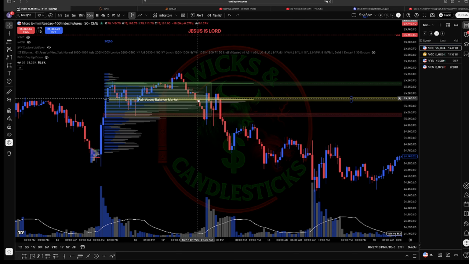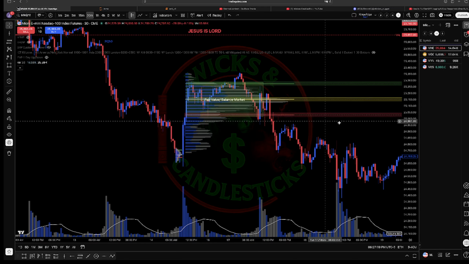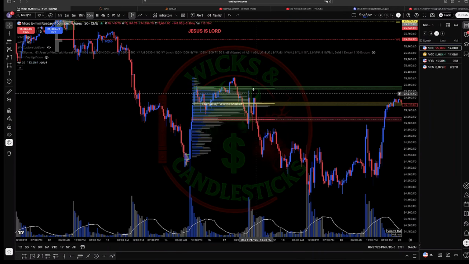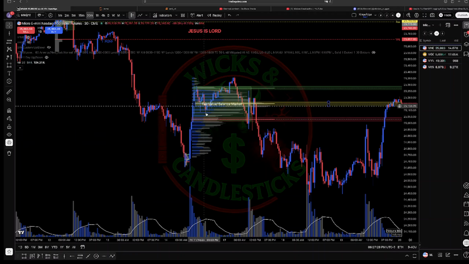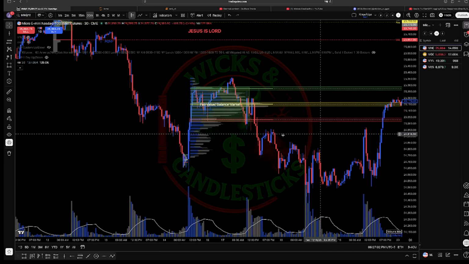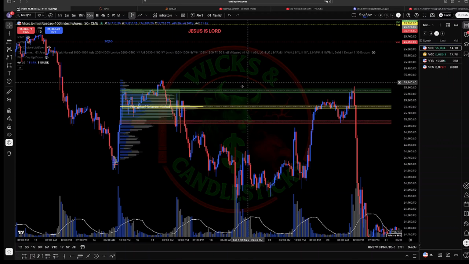Okay, so we have this balance area right here, and we can now use this as a profile to trade off of another day. As you look, this here was Monday, November the 17th of 2025, unmitigated area.